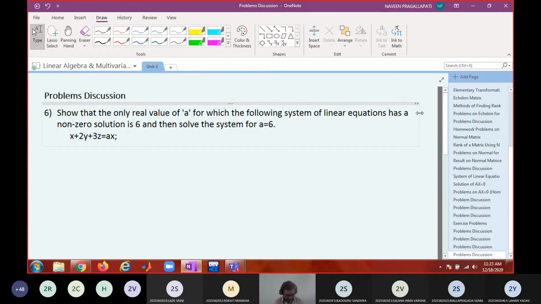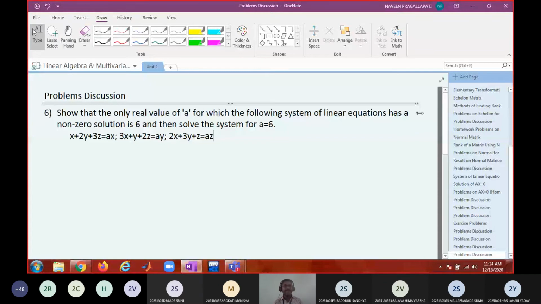Next equation, 3x plus y plus 2z equal to ay, 2x plus 3y plus z equal to az. Okay, so let me check. x plus 2y plus 3z equal to ax, 3x plus y plus 2z equal to ay, 2x plus 3y plus z equal to az.